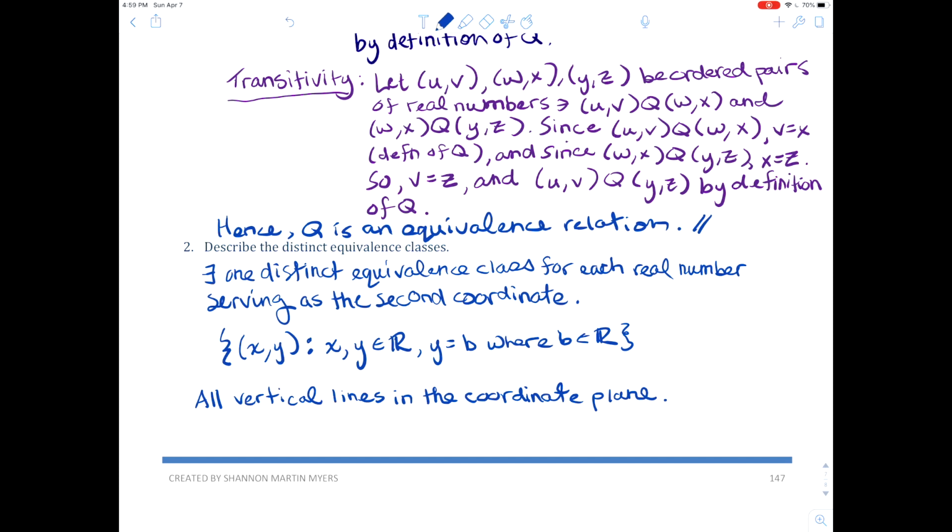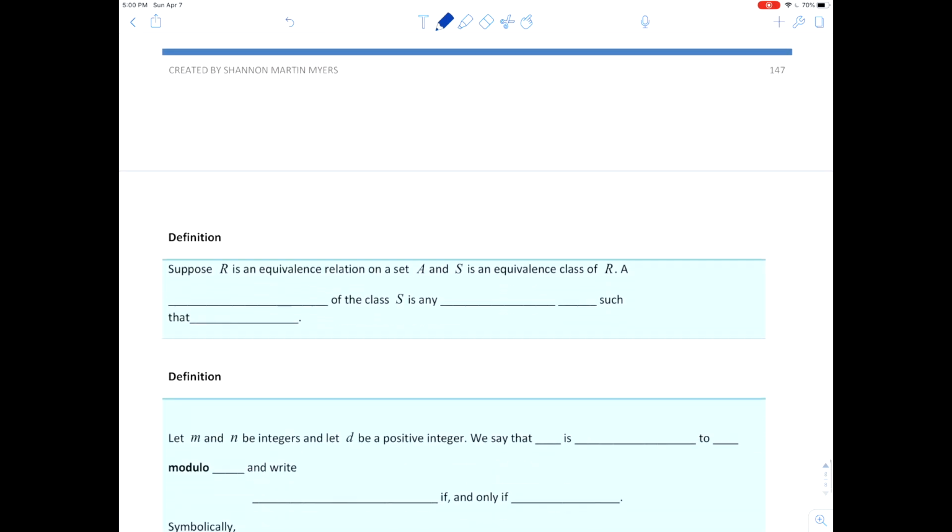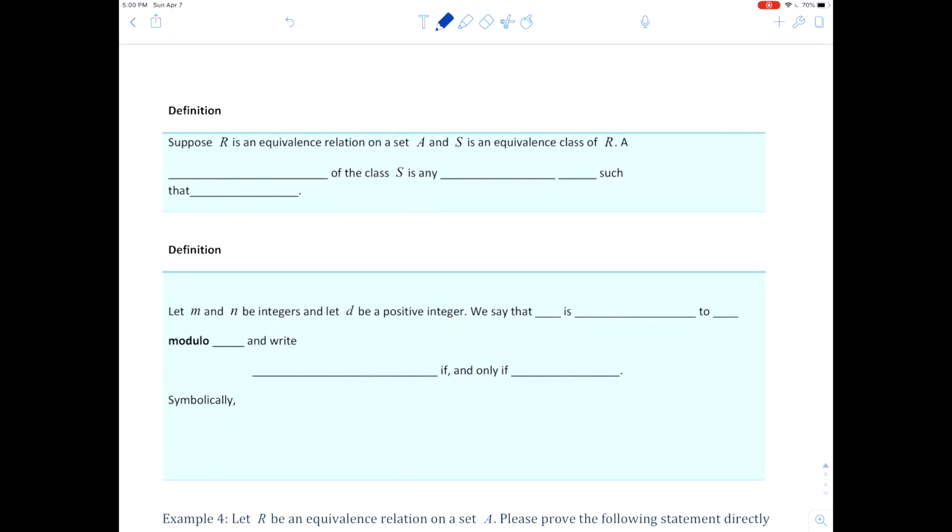So all the possible equivalence classes are going to end up making up all vertical lines in the coordinate plane. Okay, so here we go. That wraps up that problem. We just have a couple definitions and a quick example.